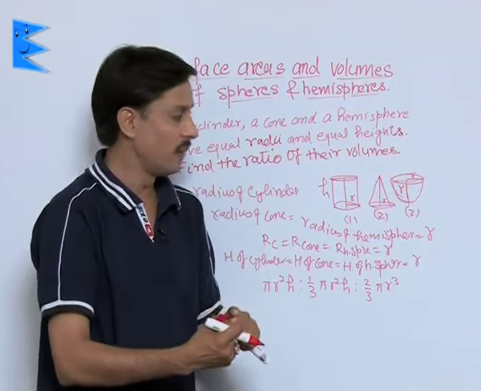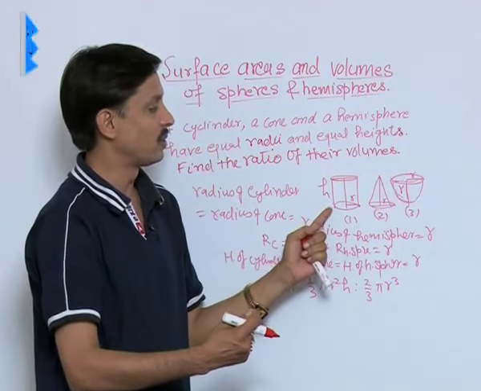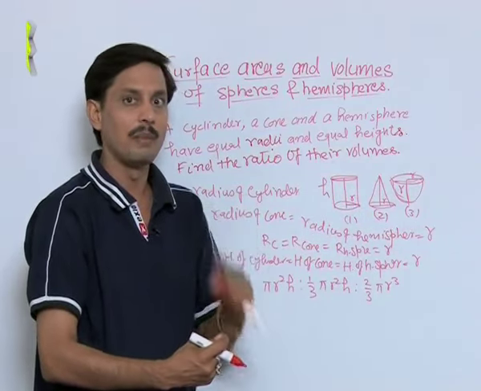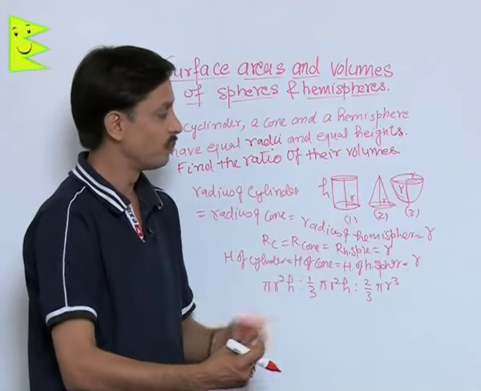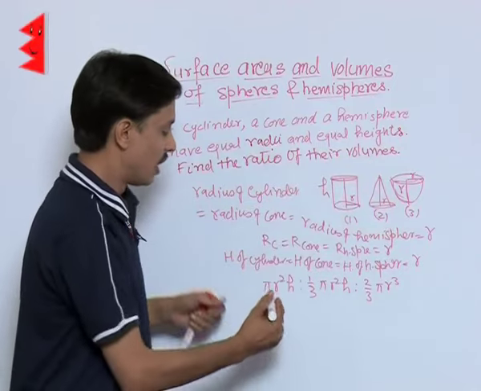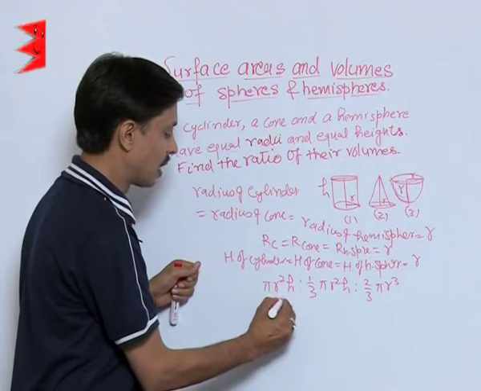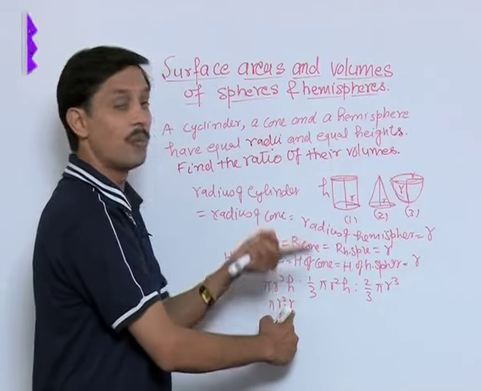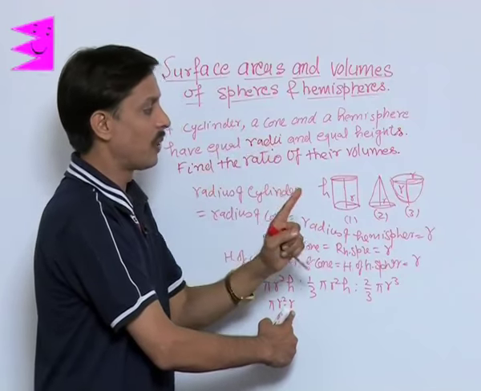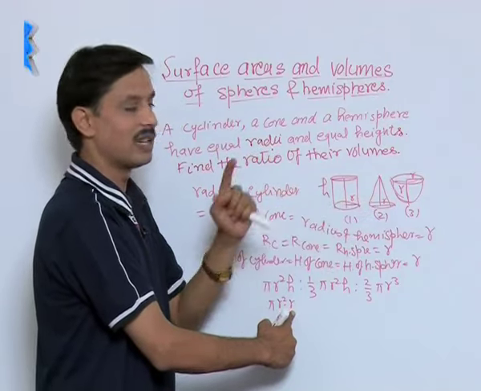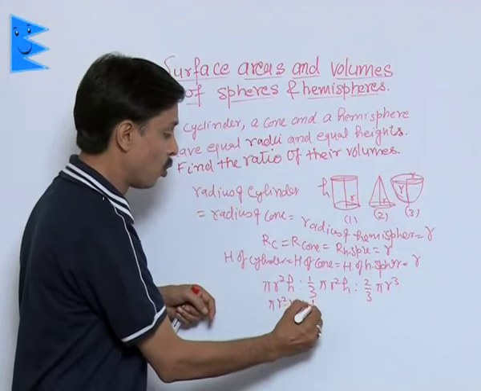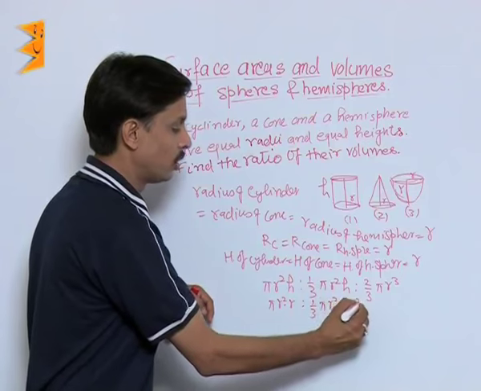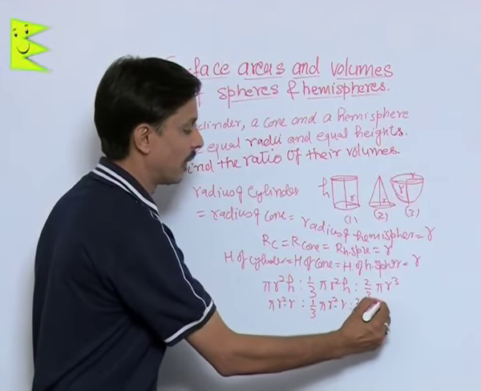Now this becomes pi r square into r, is to 1 by 3 pi r square into r, is to 2 by 3 pi r cube.